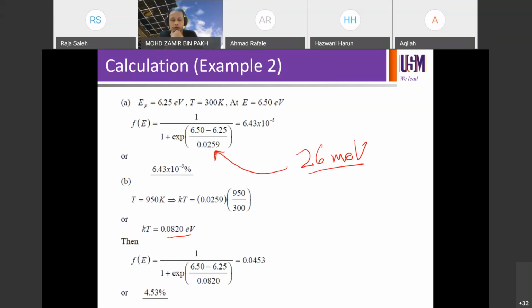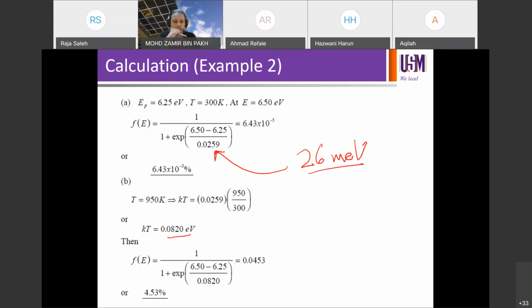Once you have got your value of KT, please double check and make sure that it is now higher than the previous KT. It makes sense, right? Because if you operate at a higher temperature, then your thermal energy KT will be higher in the system.